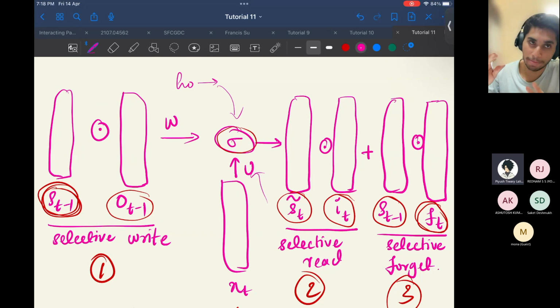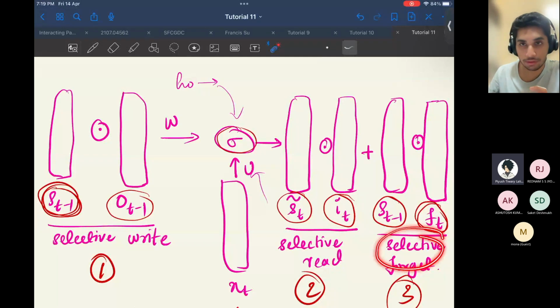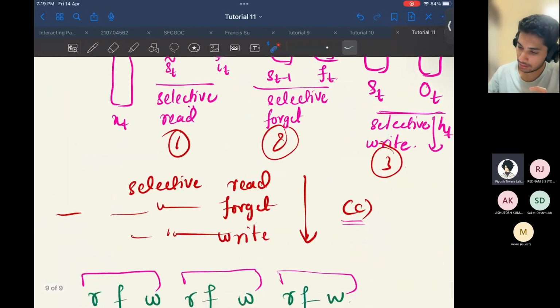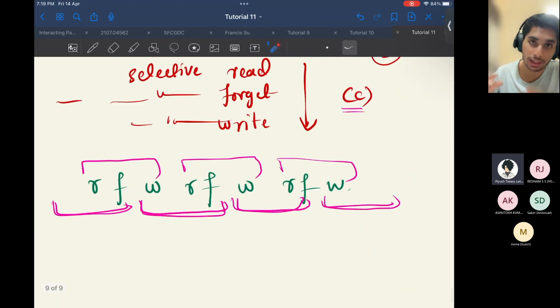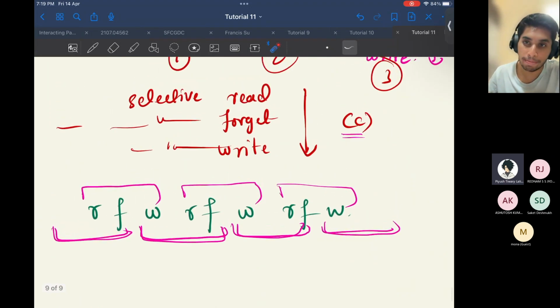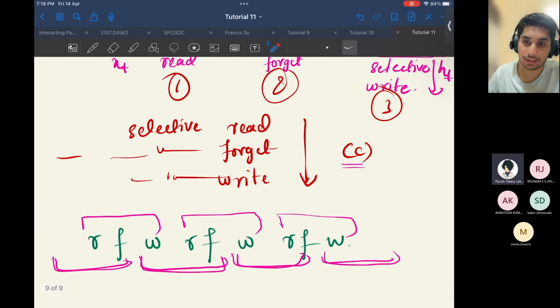The first operation that will happen is this read operation. Then we will do this forget operation, and then we will do the selective write operation. Because of that flow, perhaps option C is more correct than option B. Is that clear? I don't know if I was able to explain.